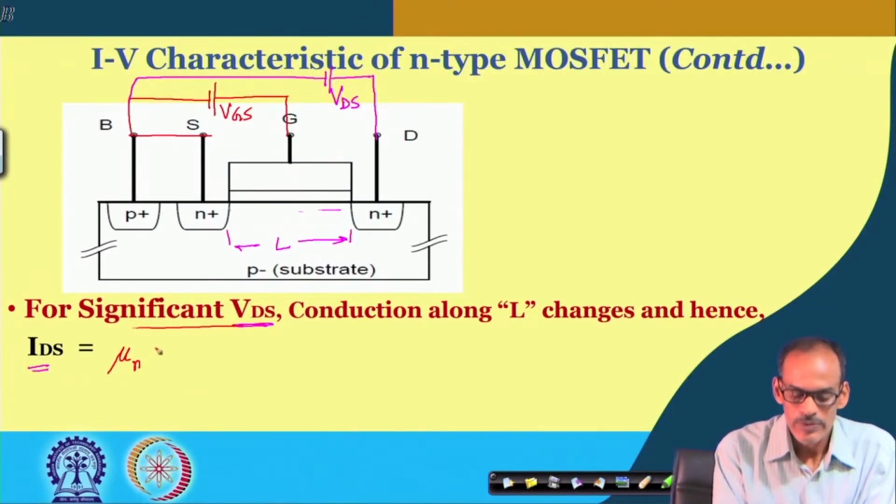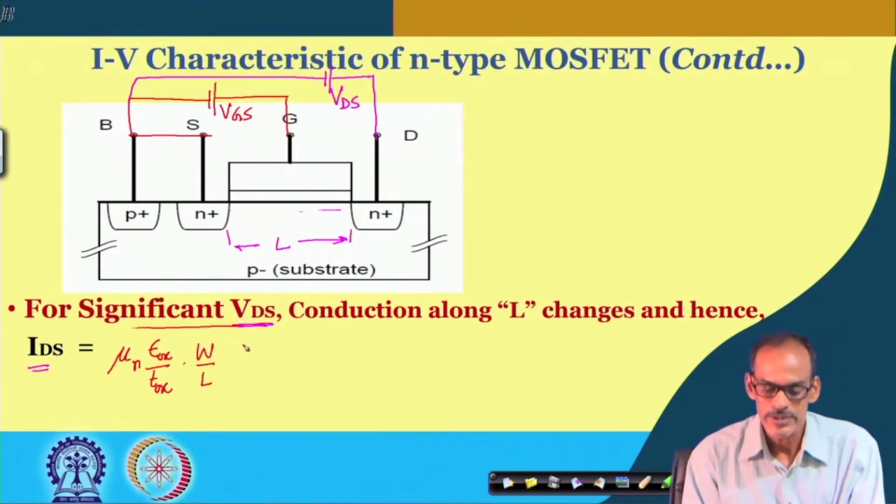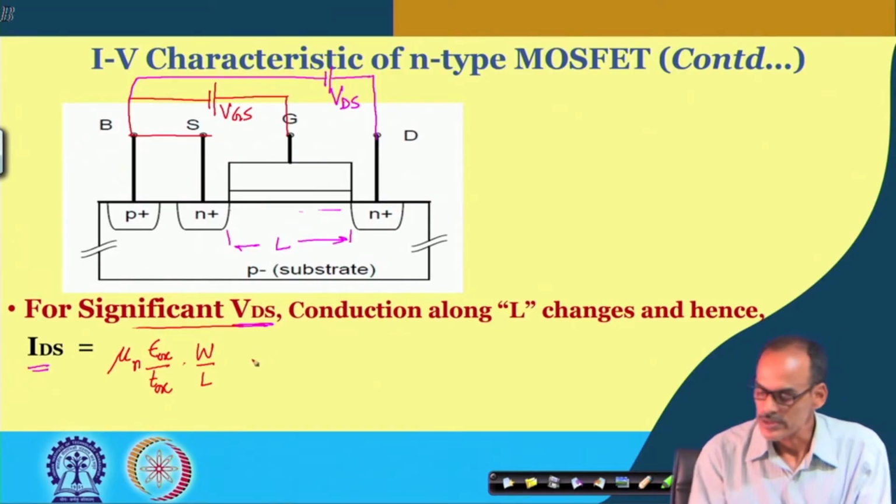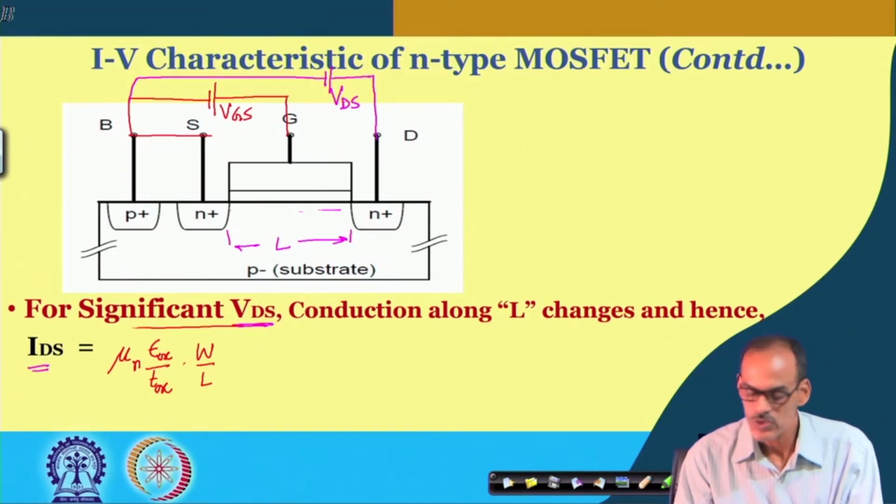So, we are keeping the device parameters the same: mu n, epsilon oxide, T ox and W by L remain as is, but the conductivity we need to change. So, let us see what changes we need to make here.